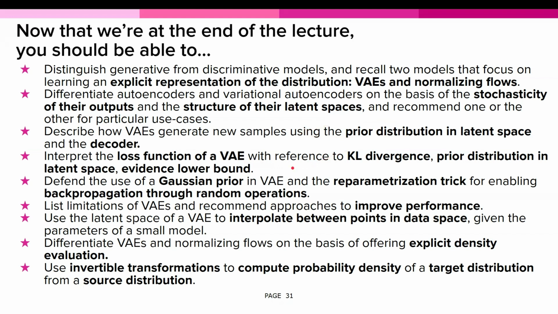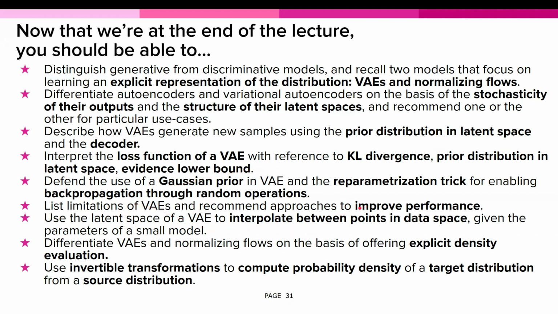We talked about the loss function of the VAE, how it balances regularization and reconstruction error. We talked about the terms in it, using the KL divergence to minimize the distance between the posterior distribution of the latent variable given an input and the prior distribution.